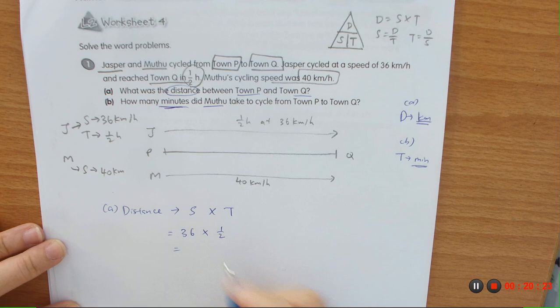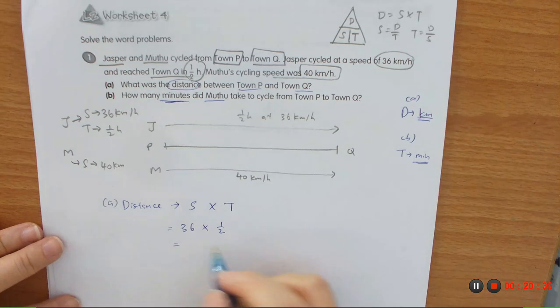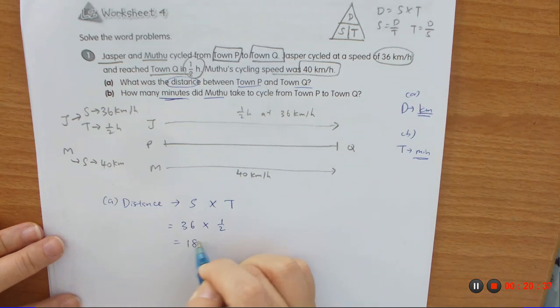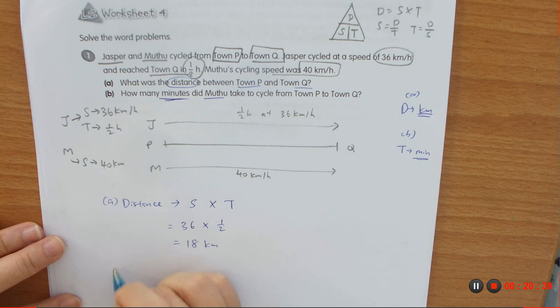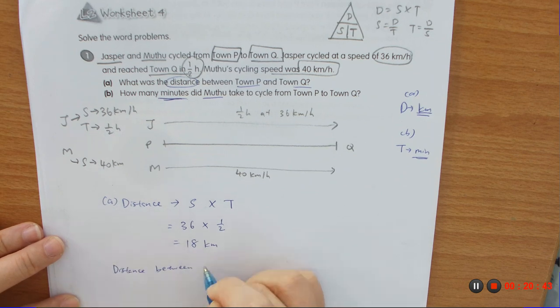So half of 36 is 18, so 18 kilometers. The distance between town P and Q is 18 kilometers.